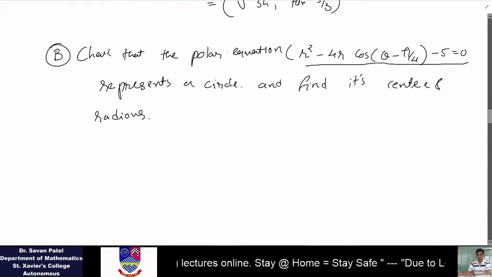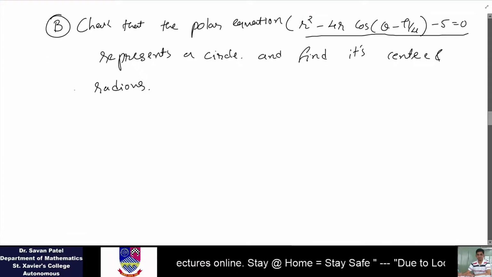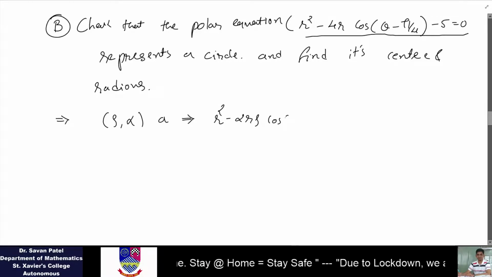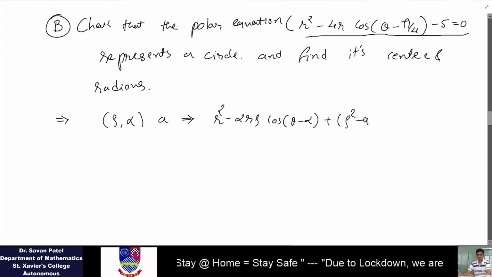And one more method is direct. That is, you know that if your center is rho, alpha and radius is a, then the corresponding polar equation of circle is r square minus 2r rho cos theta minus alpha plus rho square minus a square is equals to 0.